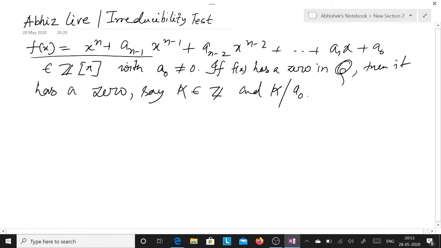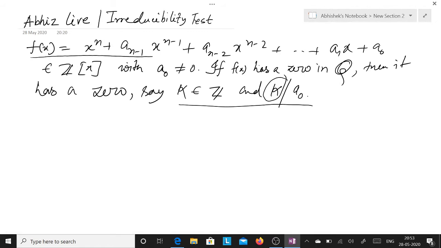So k divides a_0. This part is crucial because you have a choice of k and it must be a divisor of a_0. So these k's are restricted to the set of divisors of a_0.